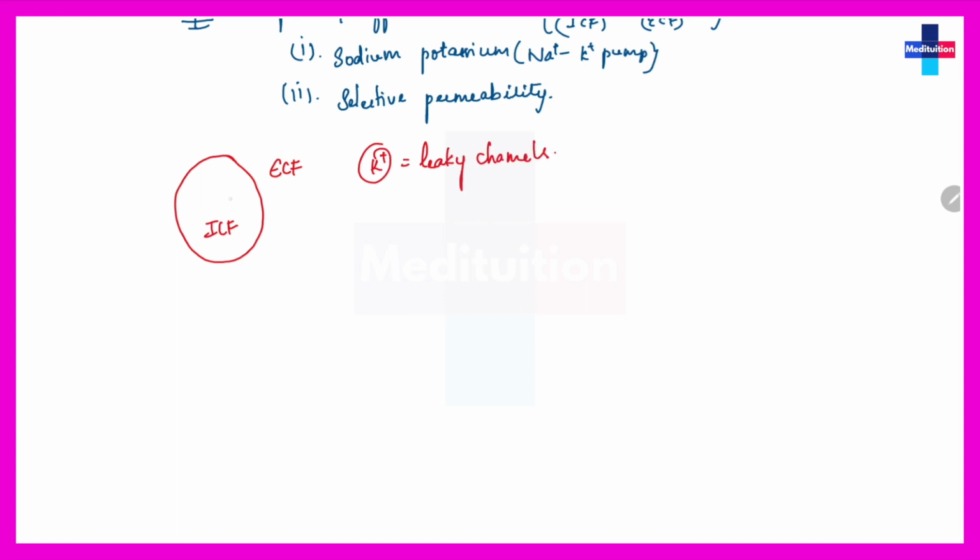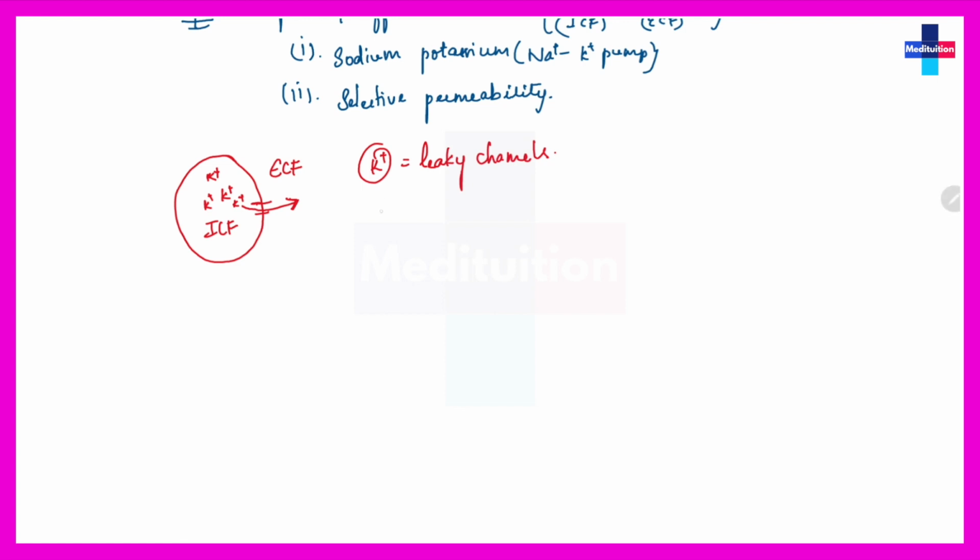With these leaky channels, potassium tends to come out. Because of the potassium coming out through the leaky channels, our ions start to depolarize, but when the potassium comes out, the ionic balance of the cell gets disturbed.